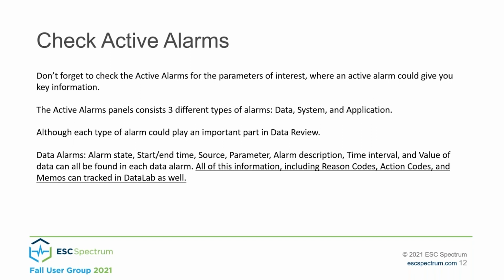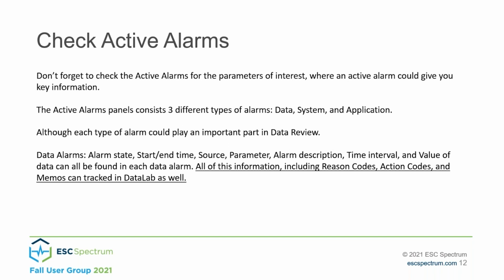For example, if an alarm comes up that you don't understand, it's most likely going to give you a data alarm. It's going to give you a source and parameter that you may not be familiar with. So if your job is to monitor the active alarms panel, then you might see those parameters of interest and then open up Simscape, use your drop-down menu, open up a new window, and understand a little bit more about what that parameter does.